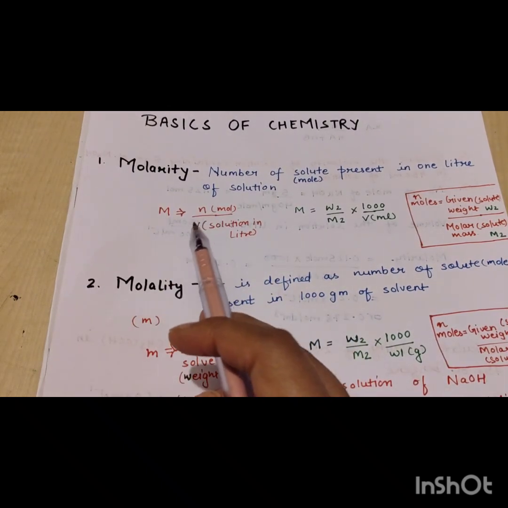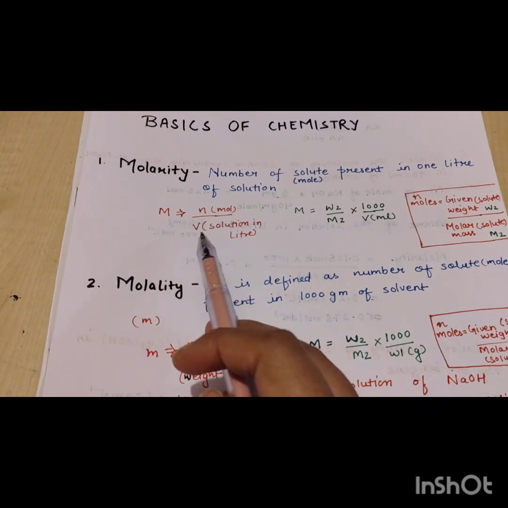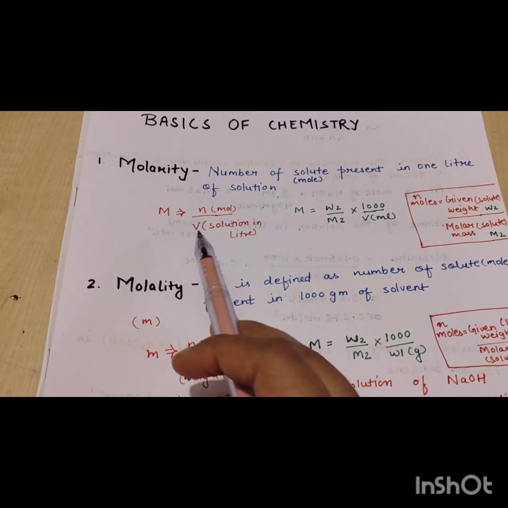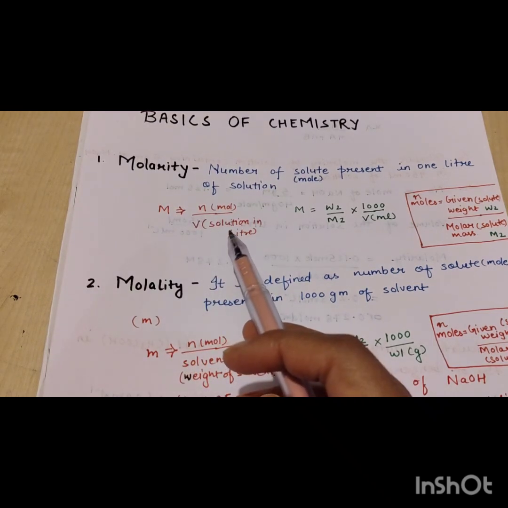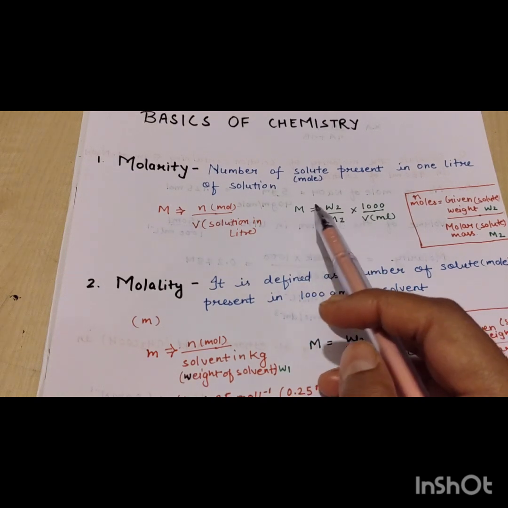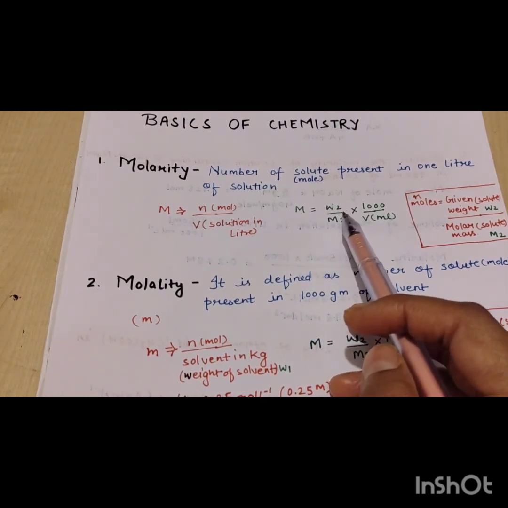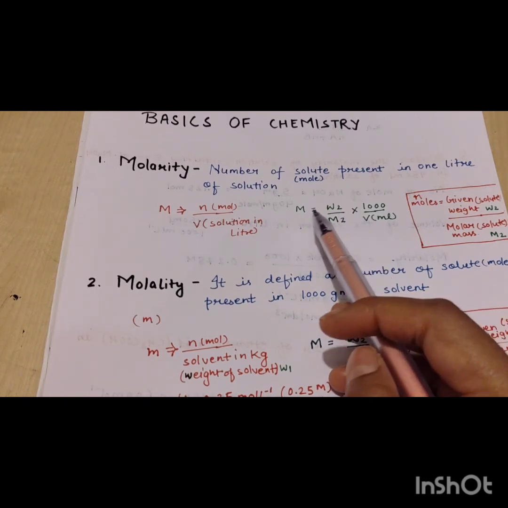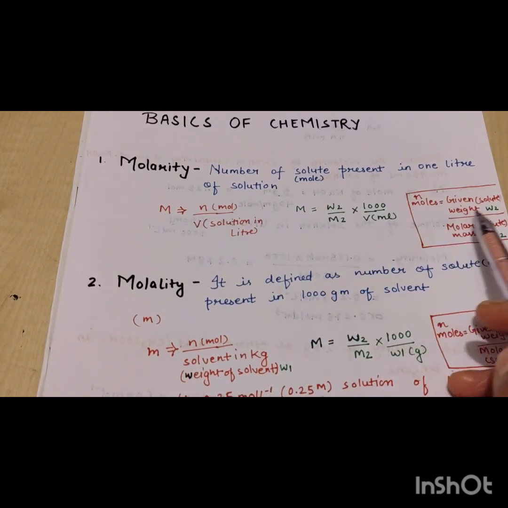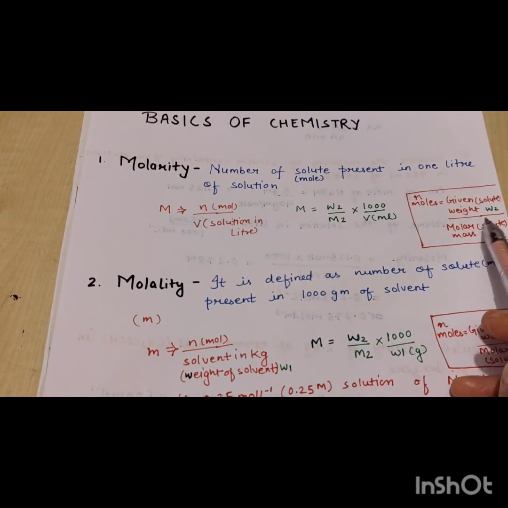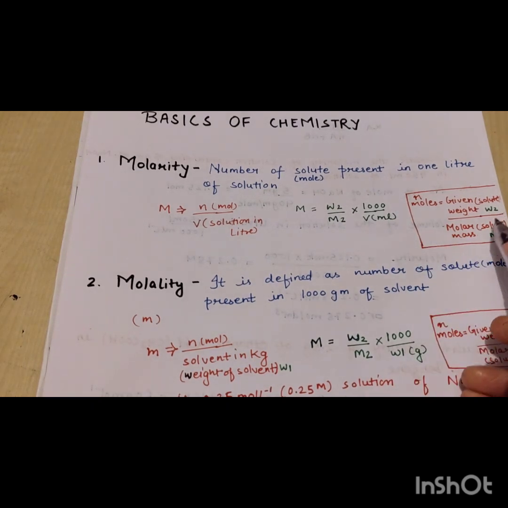Here the formula is the number of moles of solute dissolved per liter of solution. And the number of moles is the given weight upon molar mass, denoted by W2 and M2.